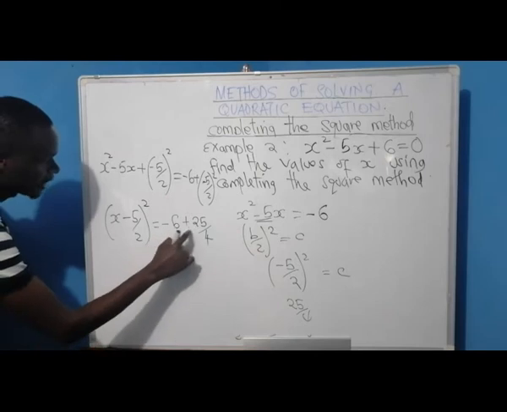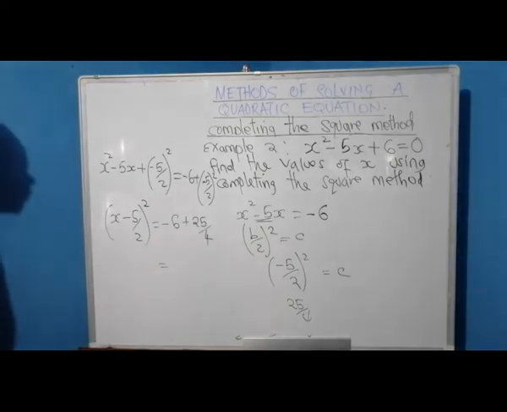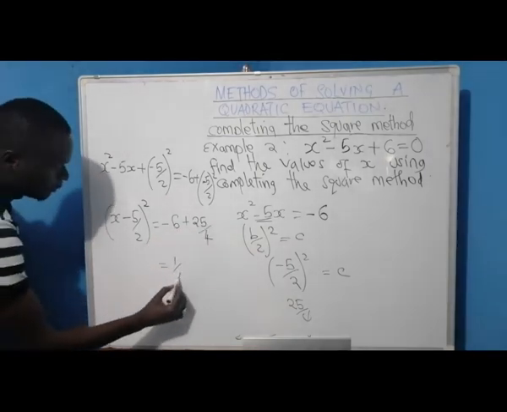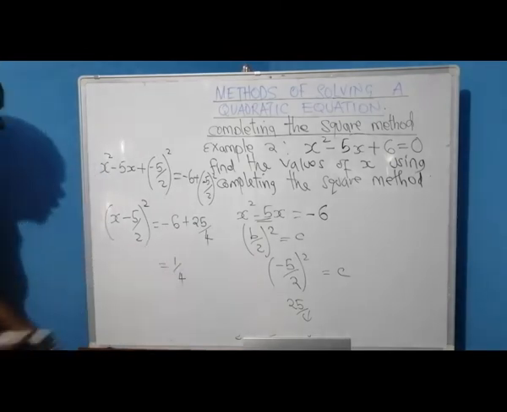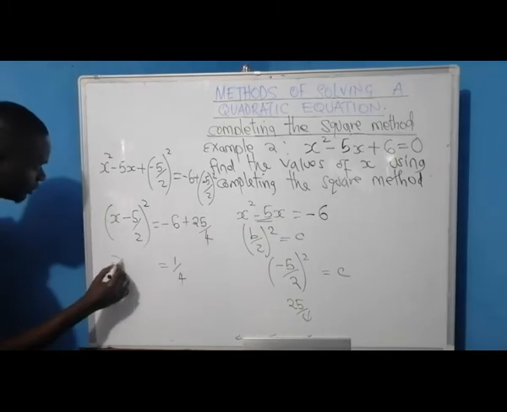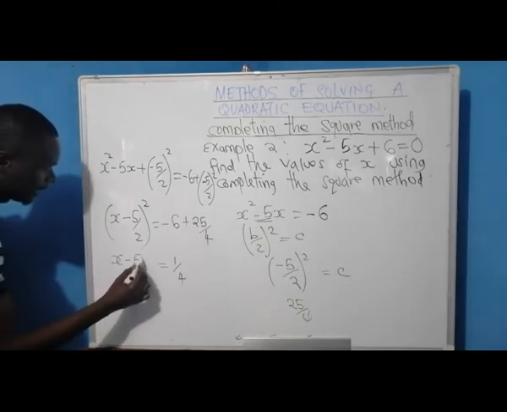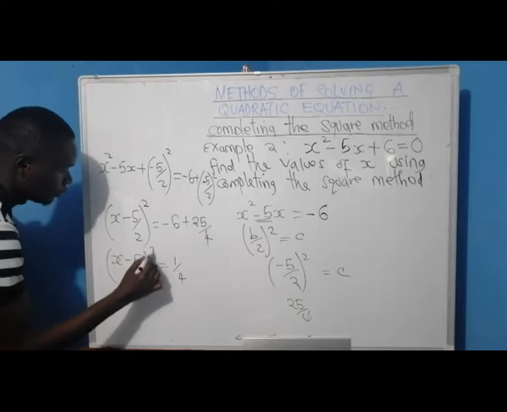Negative 6 plus 25 over 4 is going to be equal to a quarter. So on the right hand side of the equation we have a quarter, then on the left hand side of the equation we are just going to have x minus 5 over 2 squared.